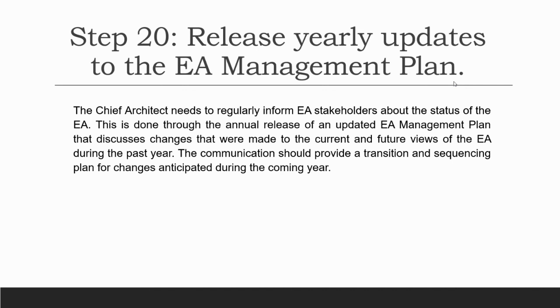Furthermore, the continuous benefit of the EA must be highlighted by citing examples of how enterprise architecture documentation aided in planning and decision making, reduced duplicative capabilities, saved money, enhanced alignment, and boosted communication.